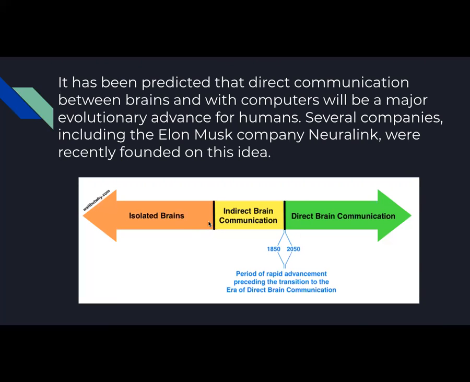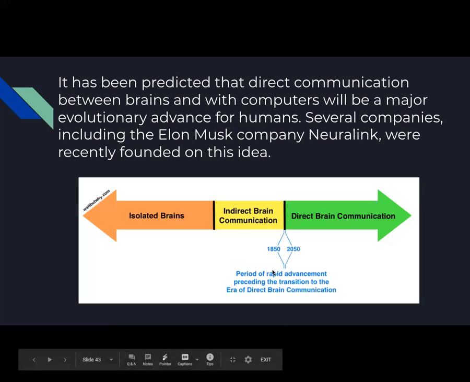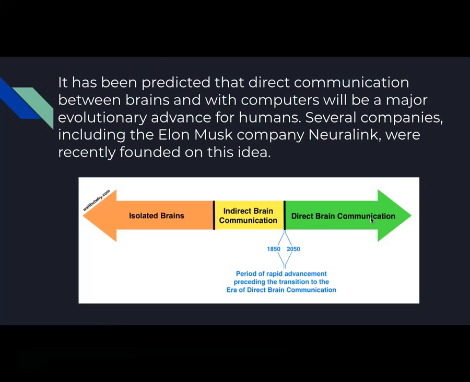And later on, we developed things like speech and communication, either body language or other forms, writing, that allowed us to have indirect brain communication. And in the future, we might have direct brain communication.